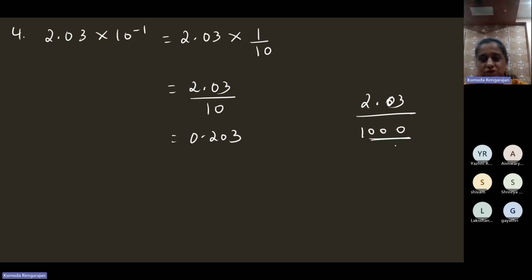Reduce means you should shift the decimal point to the left. 3 zeros, right? So you should move by 3 places to the left. So that will be 0.00203, because it's here, no? 1, 2, 3.